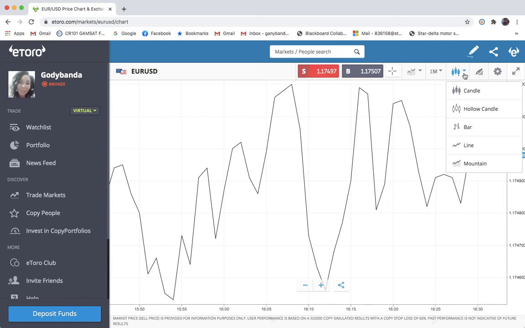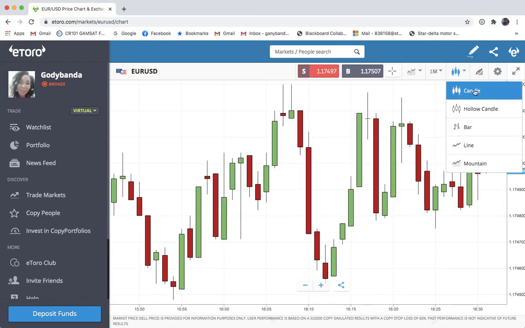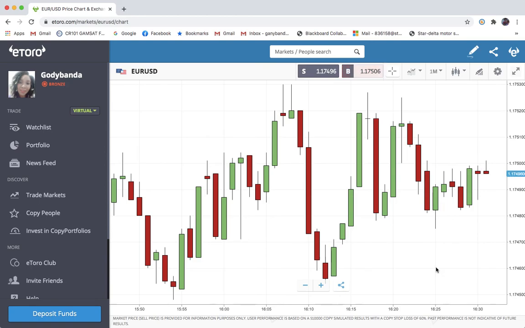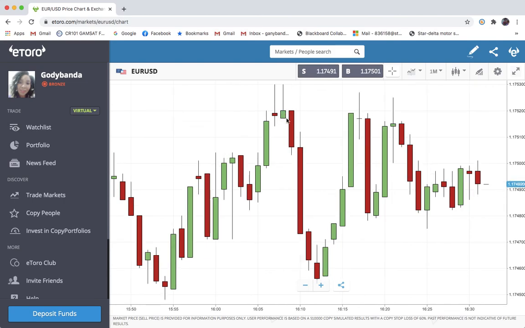If you want to change into a candle, you click here, candle. There is a candle. So ladies, are you able to identify what is happening here? Or what is this star here? What is happening?